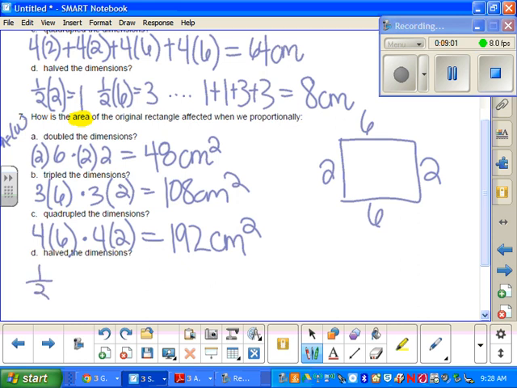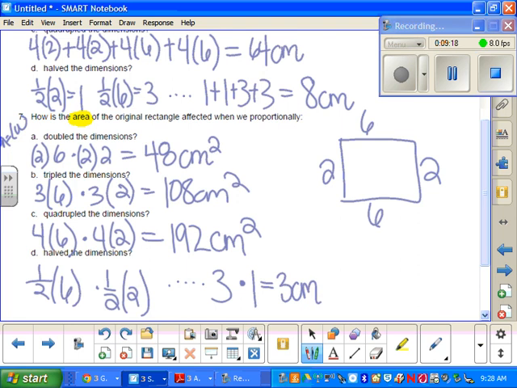And if we halve those dimensions, half of 6 is going to be 3 times half of 2 is going to be 1, giving us an area of 3, which should make sense because our area is going to be smaller because we're halving those dimensions.